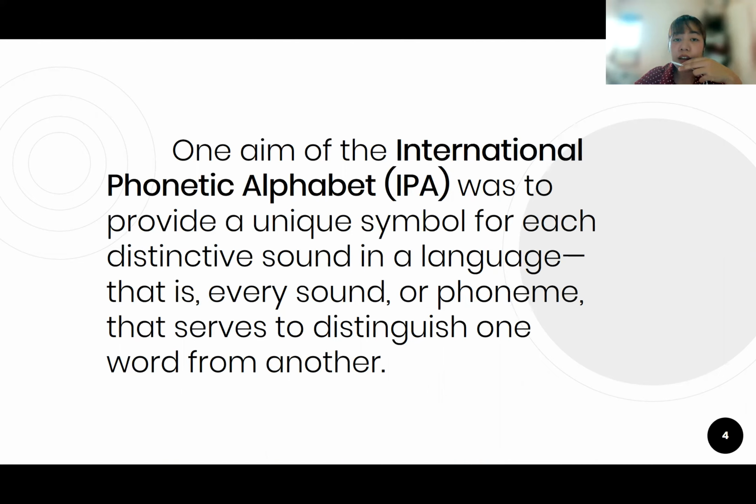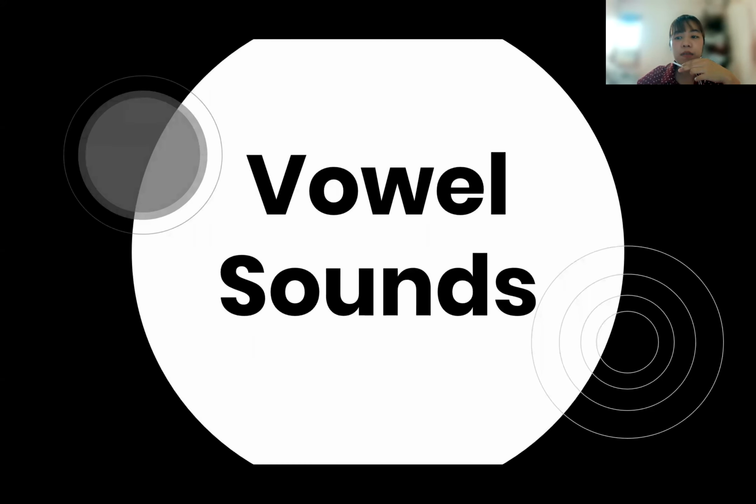Usually you see IPA transcriptions in your dictionaries. When you are searching for a word, next to the word that you looked up, there is an IPA transcription which would help you find out how that certain word is pronounced. So today we are going to learn how to transcribe those different IPA symbols.